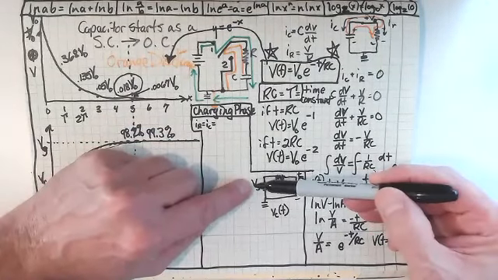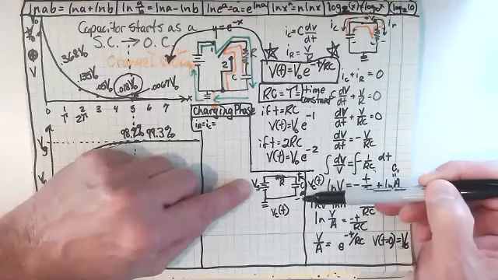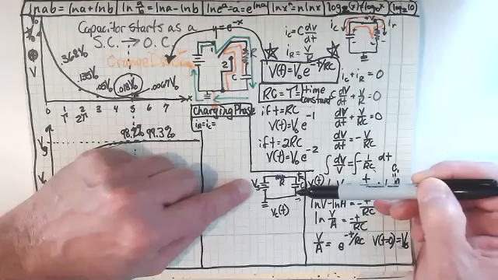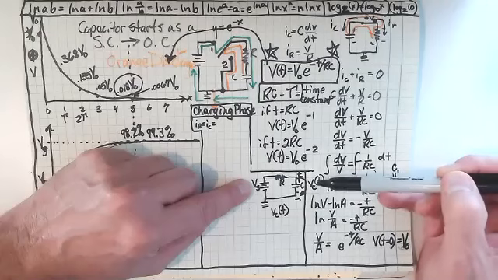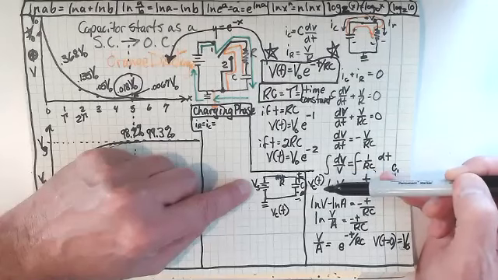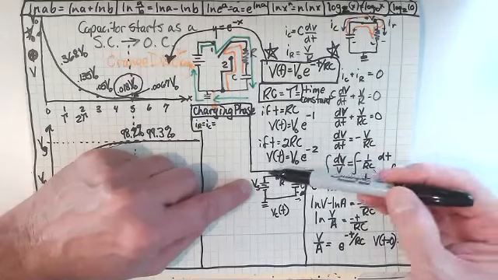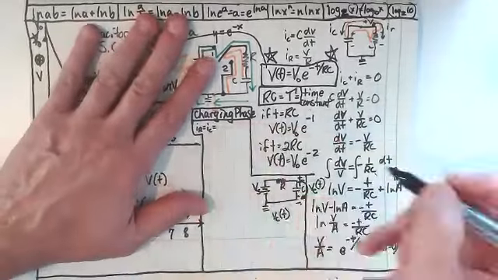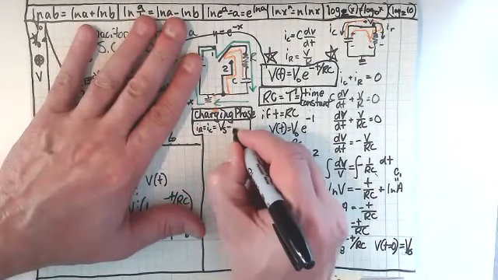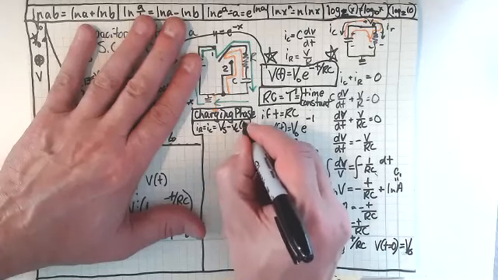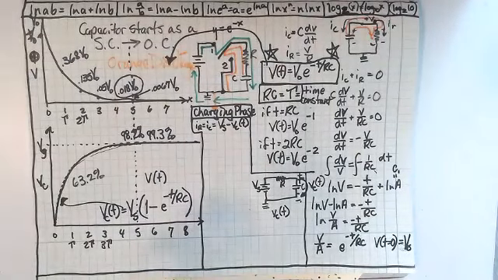Well, we know we've got V of S over here, and we know we've got V of C, whatever that is, because this is going to be 0 on this side of the capacitor. And on the other side of the capacitor, it's going to be whatever V sub C is at any instant in time. So we know the voltage differential across that resistor is V sub S minus V sub C as a function of t.